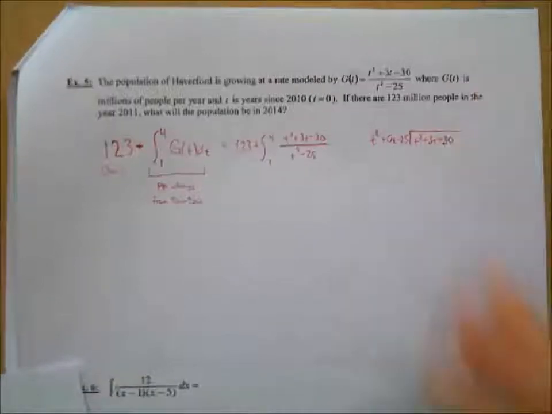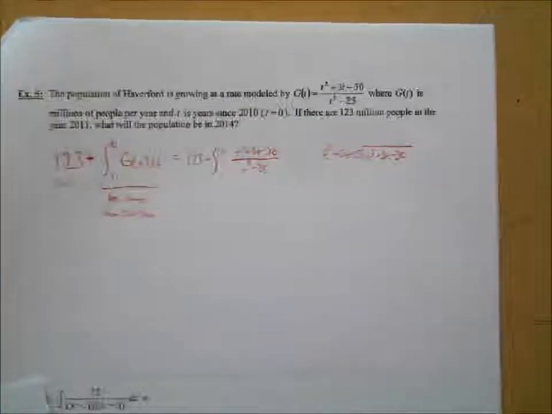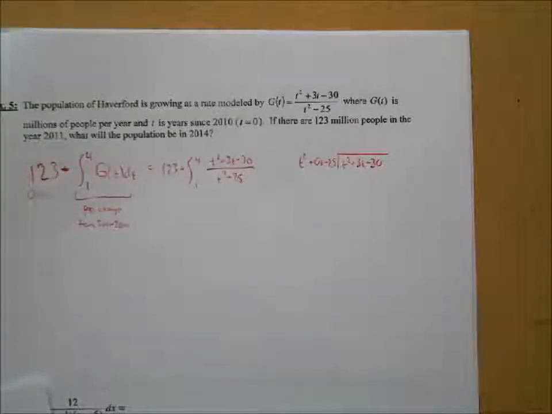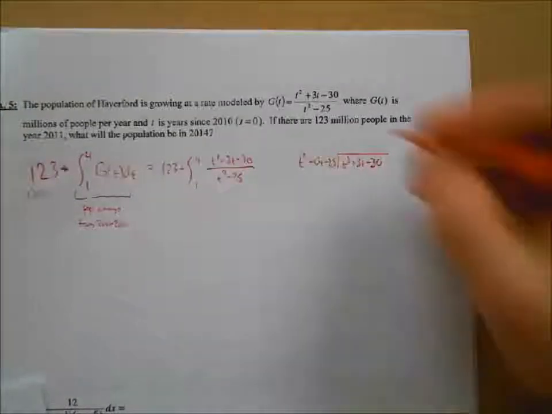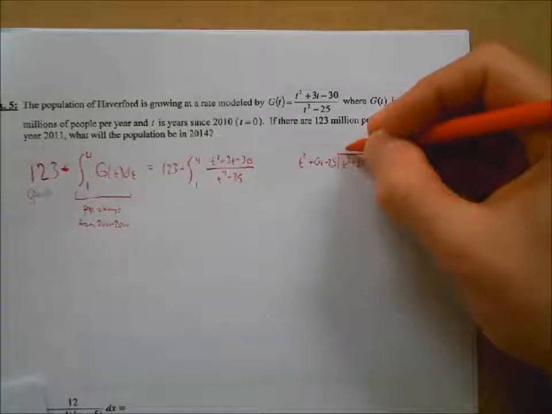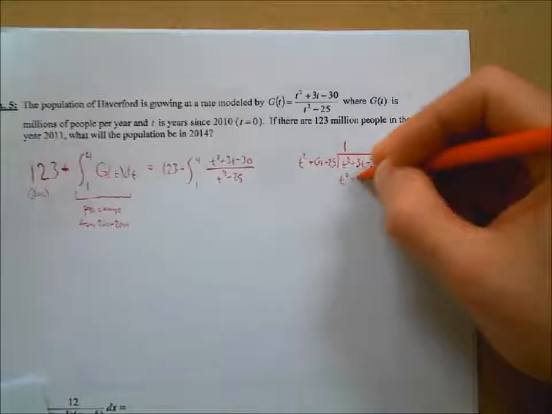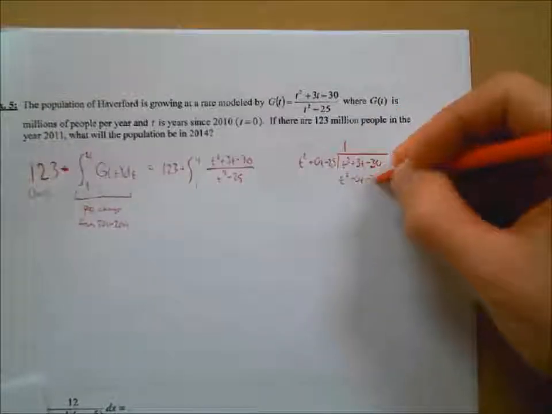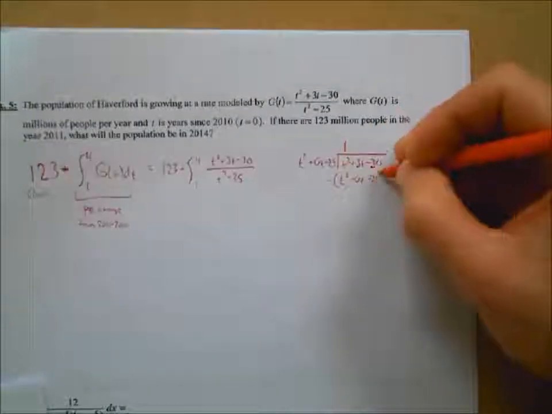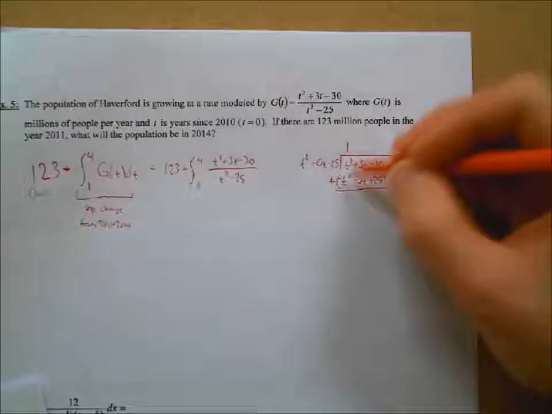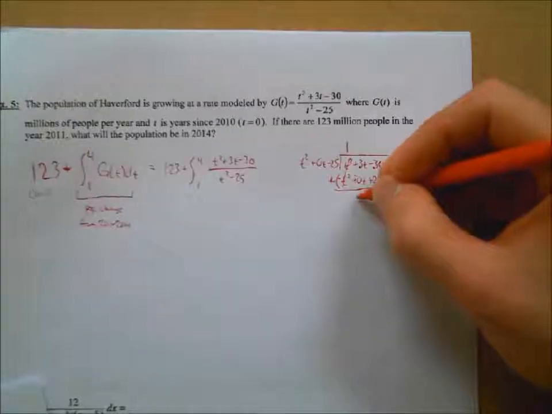Okay, I'm going to put in my placeholder there. t squared plus 0t minus 25 divided into t squared plus 3t minus 30. So let's see, I need 1. 1 times t squared is t squared. 1 times 0t is 0t. 1 times minus 25 is minus 25. And we'll subtract that quantity or add the opposites. So t squareds cancel. 3t and 0t is 3t.